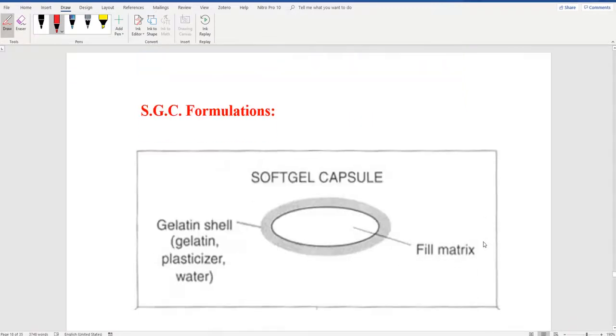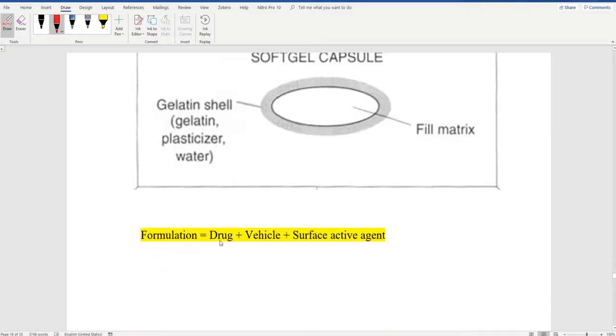Okay, let's talk about the formulation. First, you see the outer shell hermetically sealed. It's one piece, and it contains gelatin, plasticizer, water. Then we have the filled material. The filled material, in addition to the drug, contains a vehicle which is usually liquid and a surface active agent.